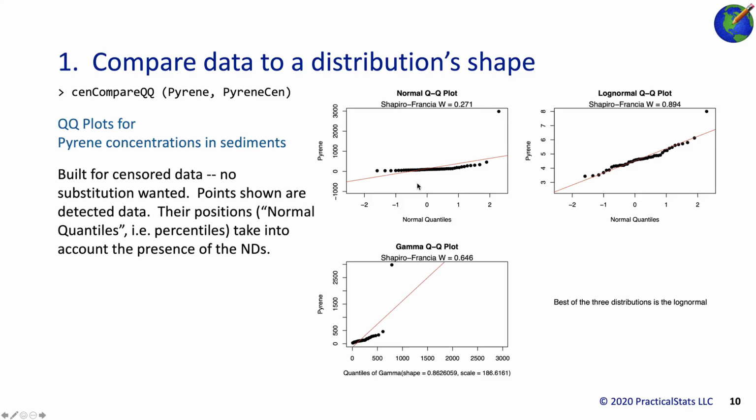You would have seen the left-hand side where those points were if there were no nondetects. Now you don't see them, but it preserves the position on the plot. So it's built for censored data, and you need to use routines in censored data procedures to get these. And so you can compare them to standard distributions like this.